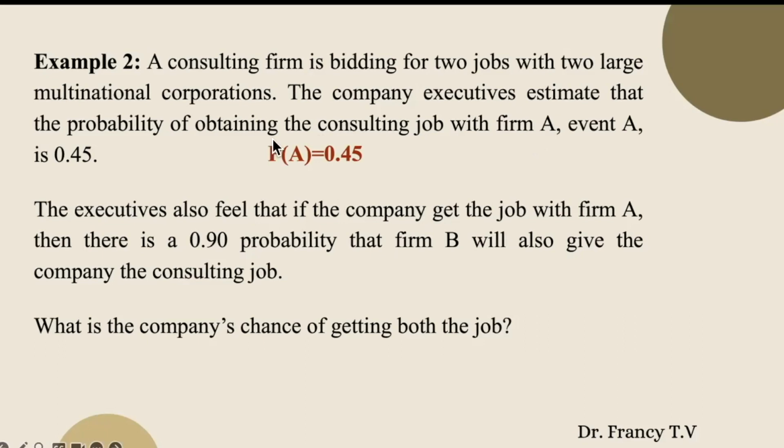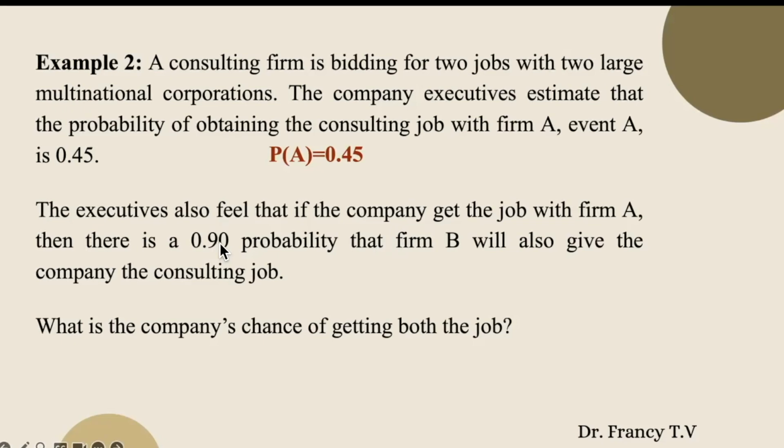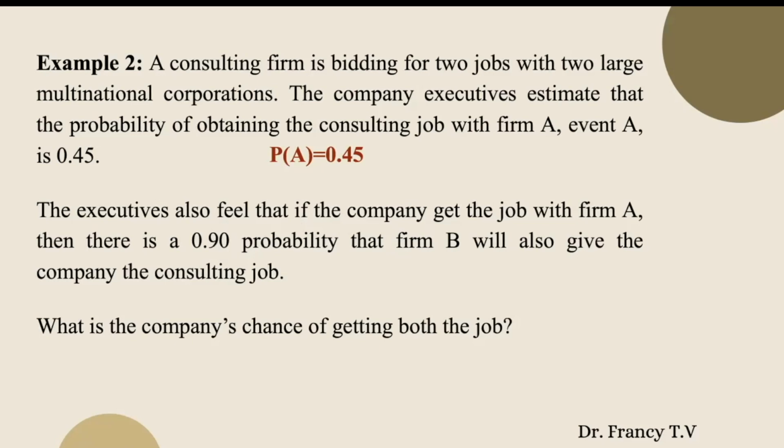Next, the company executives feel that if the company gets the job from A, then the probability that the company gets the job from B is 0.90. This means if event A happens, then probability of B is given to be 0.90.